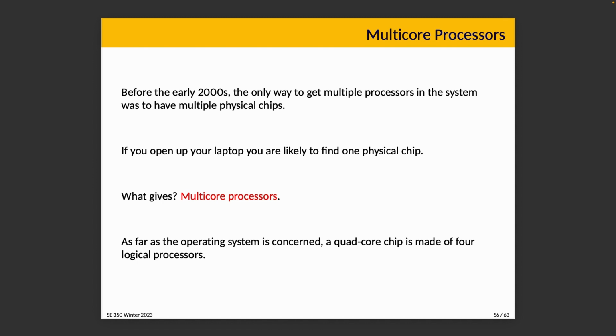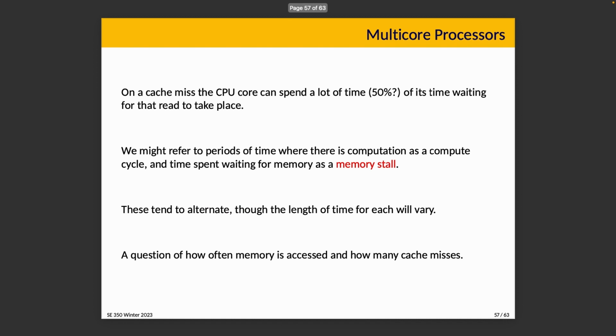And as far as the operating system is concerned, a quad-core chip, just as an example, is made of 4 logical processors. And it doesn't really matter, right? From the point of view of the operating system, whether the underlying hardware is multiple chips or multiple cores inside one chip, these are units to which we can assign work and work will get done.